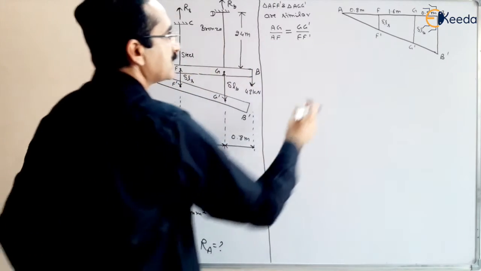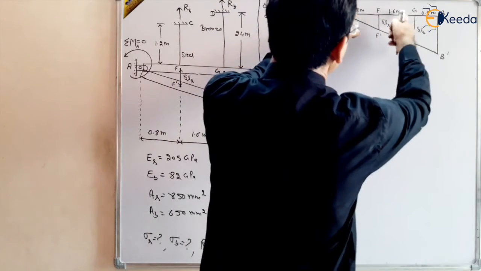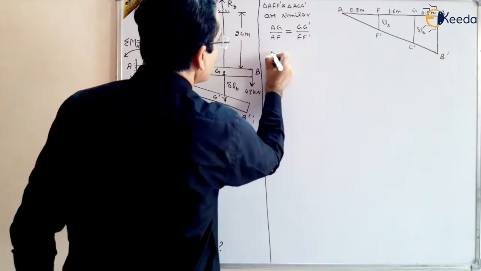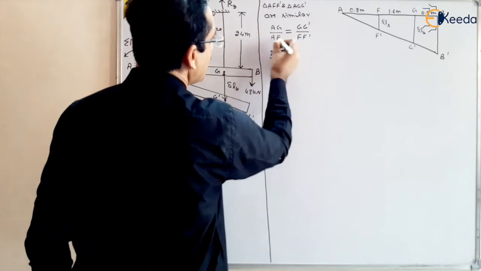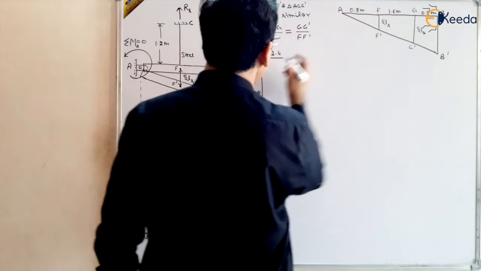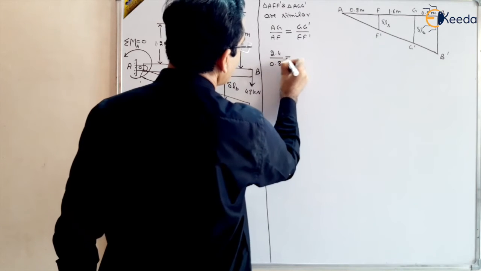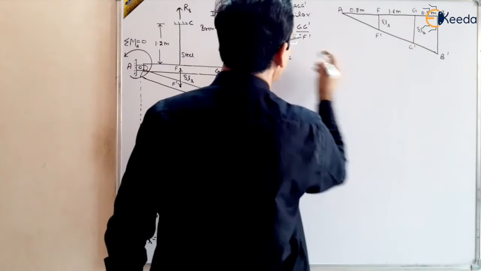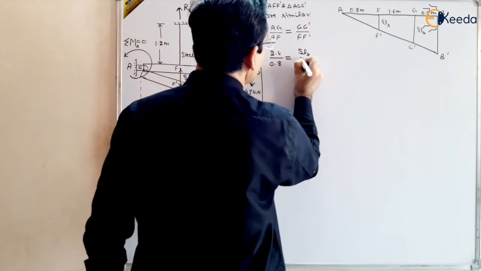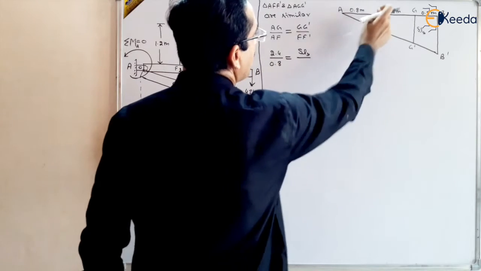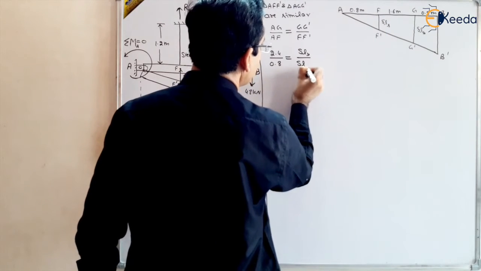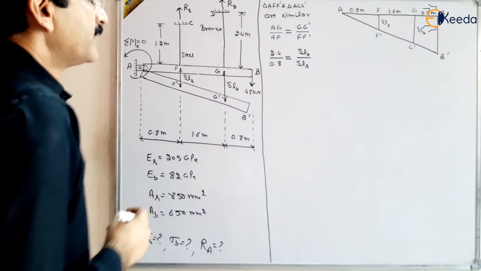What is AG? This is the distance 0.8 plus 1.6, which is 2.4 meter. So this is 2.4 upon AF, and AF is 0.8. That must be equal to GG dash, which is delta L in bronze, upon FF dash, which is delta L in steel, right?